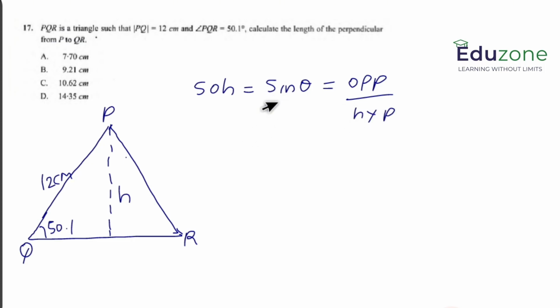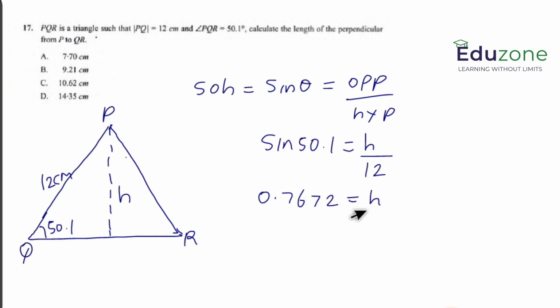Now, we'll say sine 50.1 will be equal to, our opposite here is H. So we'll say H over, our hypotenuse is 12. So put 12 here. Now, sine 50.1 from my four-figure table is 0.7672. 0.7672 equal to H over 12.